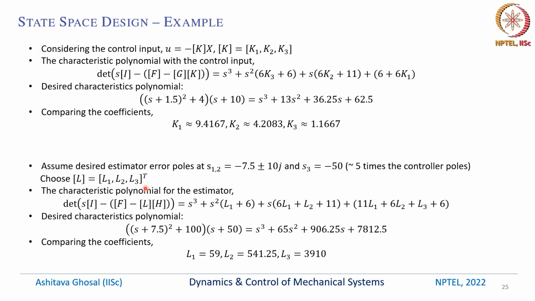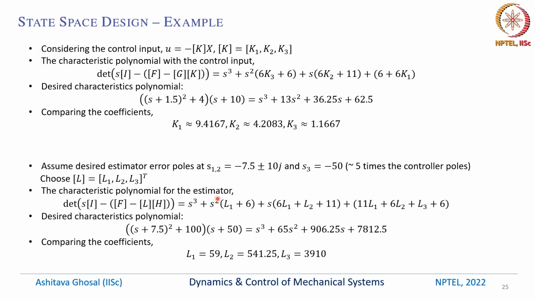We can now obtain L1, L2, L3 by looking at the characteristic polynomial for the estimator, which is the determinant of sI - F - LH, which is s³ + s²(L1 + 6) + s(6L1 + L2 + 11) + 11L1 + 6L2 + L3 + 6.